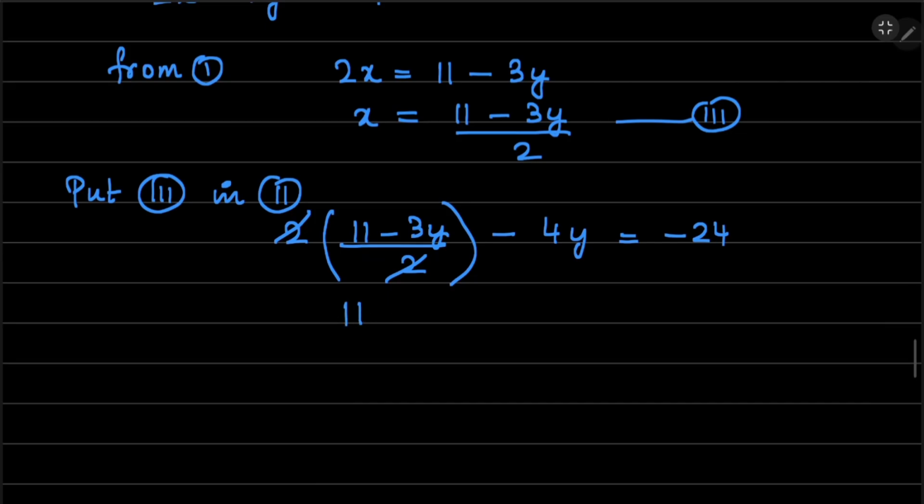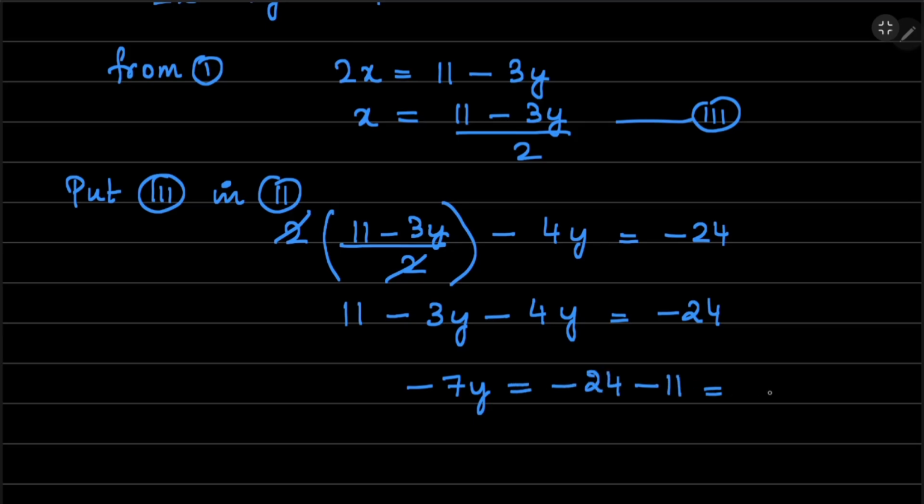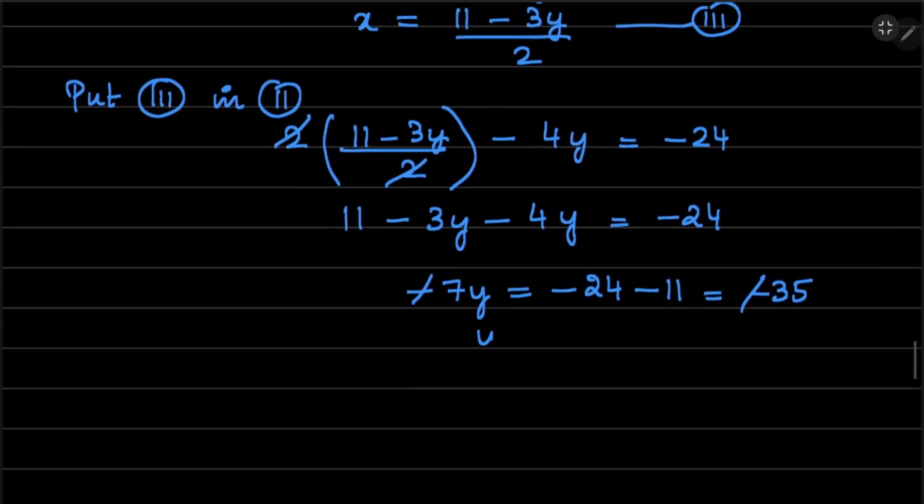So here you have 11 minus 3y minus 4y equal to minus 24. So minus 7y, minus 3 minus 4 is minus 7y, equal to minus 24 minus 11, which is minus 35. Negative gets cancelled. So y is equal to 35 by 7. 7 5s are 35. Therefore, you can write y is equal to 5.